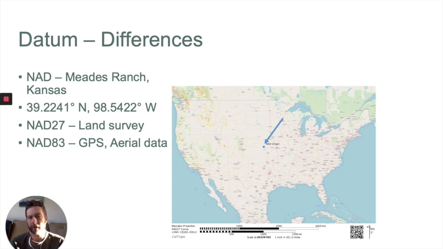So in 1983, another set was published specifically for North America. It's the North American Datum of 1983. This was an updated version where they were using both the land survey data that they gathered previously and also GPS and aerial data to get a more accurate measure of North America.